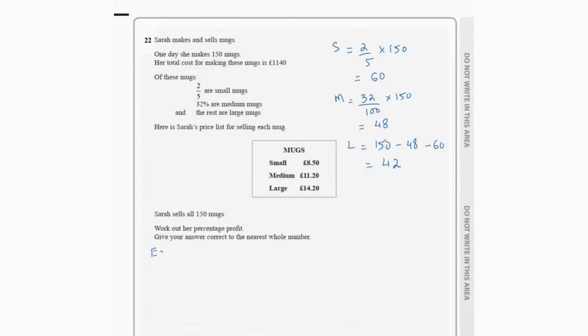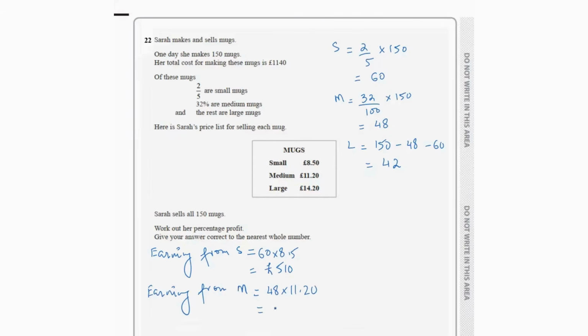So earning from small mugs, that's going to be 60 times 8.5. That gives us 510 pounds. Then earning from medium, that's going to be 48 times 11.2.